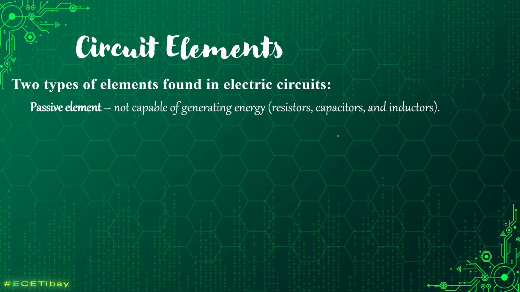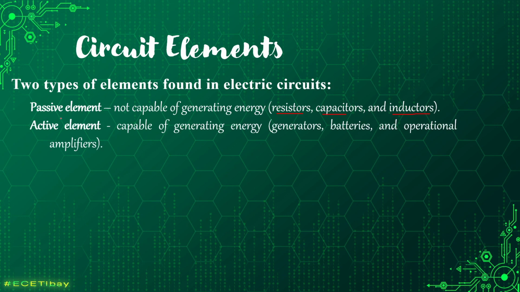Examples are the resistor, capacitor, and inductor. Next is the active elements. These are capable of generating energy. Examples are generators, batteries, and operational amplifiers, or op-amps.